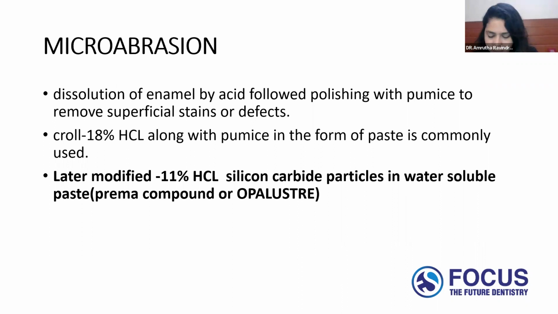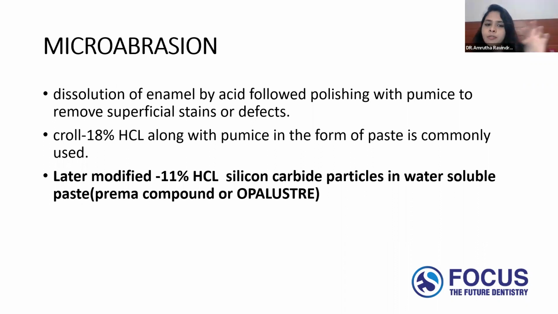Initially 18% hydrochloric acid was used, followed by polishing with pumice. But this concentration of acid was found to be too corrosive, too strong. So it was modified by Kroll, Theodore Kroll, by using 11% hydrochloric acid concentration and replacing pumice with silicon carbide particles.